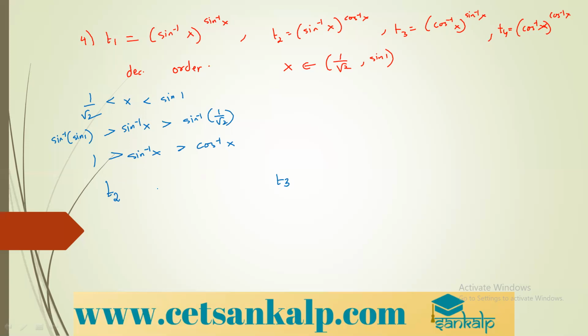And we also know that T1 is greater than T4. So this will be the decreasing order.